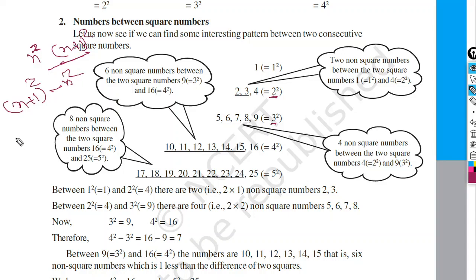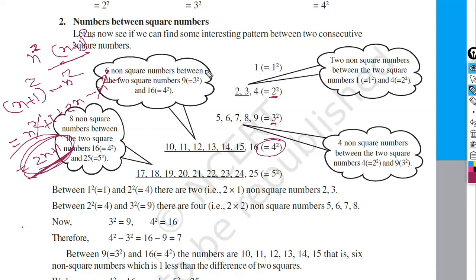Now you put the formula (a plus b) whole square, which is n square plus 1 plus 2n, minus n square. You cancel the n square, which is equal to 2n plus 1.